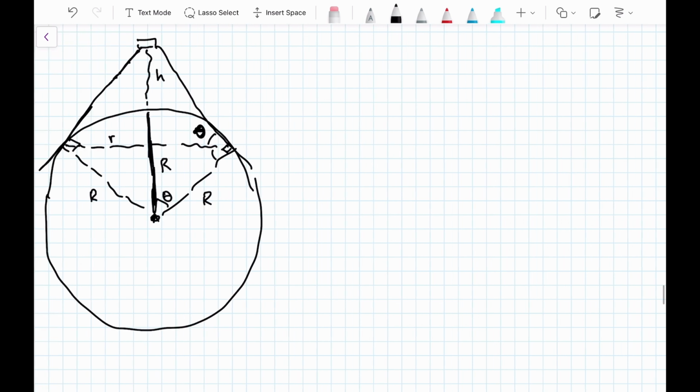So I think we can utilize a bit of trigonometry. So we have sine of theta. We can get the sine of theta utilizing this triangle.